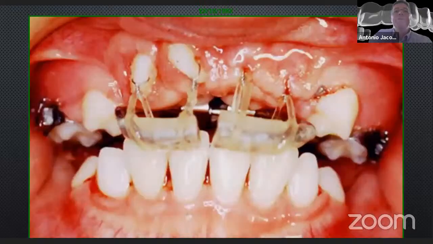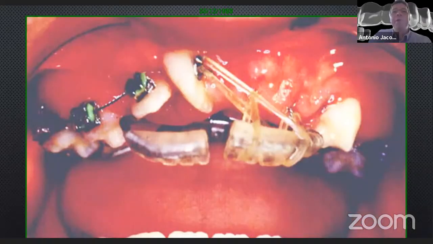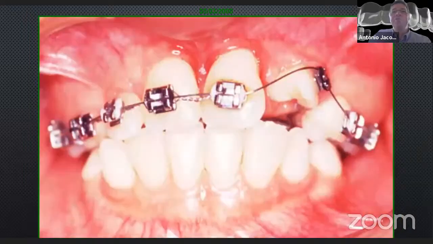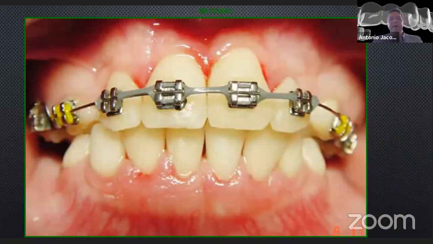So that was what I did. I began to erupt these 4 incisors, and when they were coming into position, finally we aligned the four permanent upper incisors.